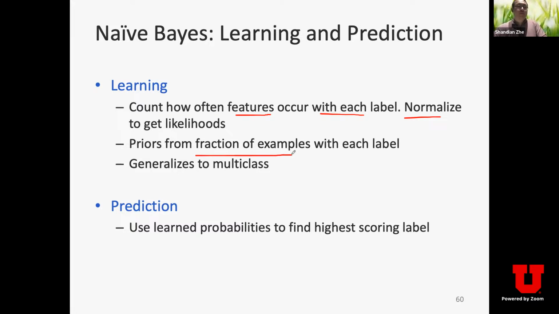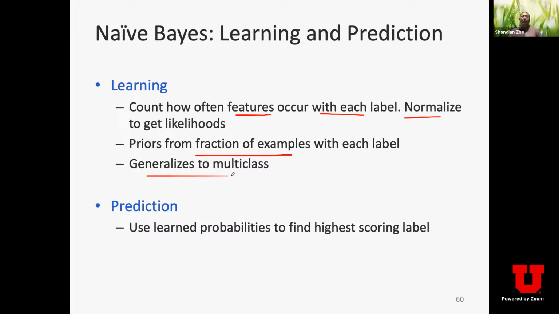Those rules generalize to multiple classes, meaning if you have k classes, you're doing the same thing. And for each feature, not only binary features, you might take multiple values. You can still use the same rule to calculate the conditional probability, conditioned on a particular label y, of taking feature value 1, 2, 3, 4, and so on.